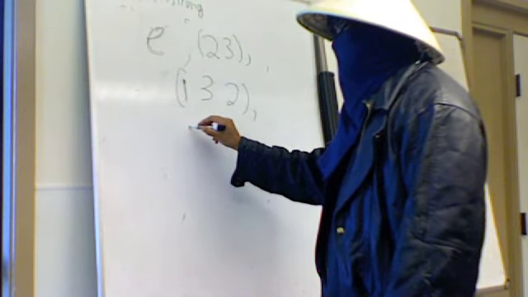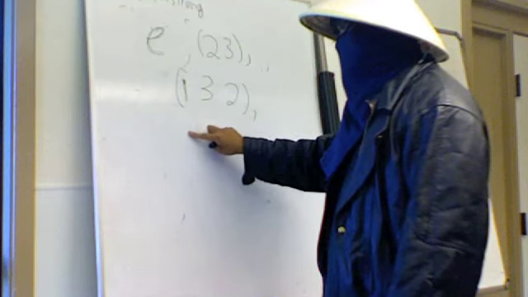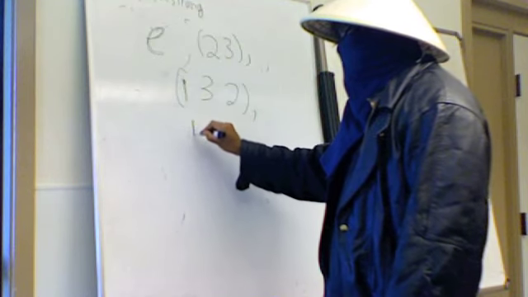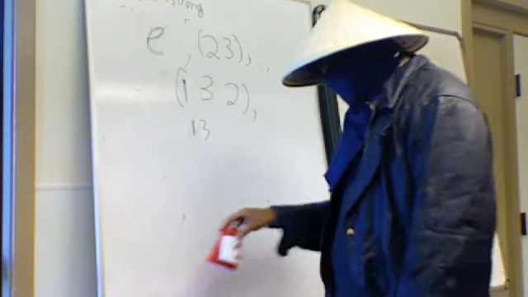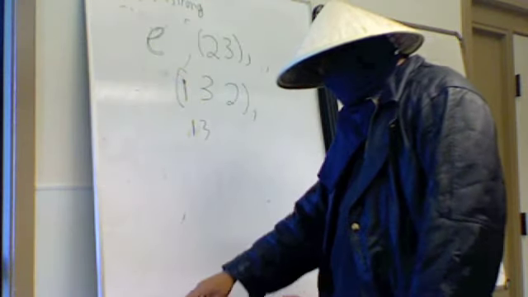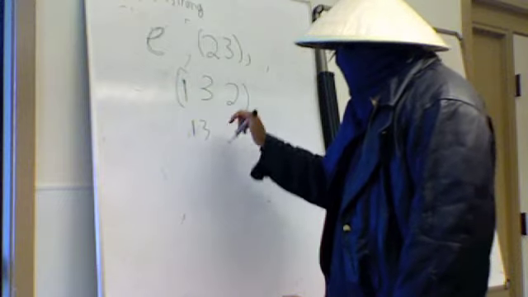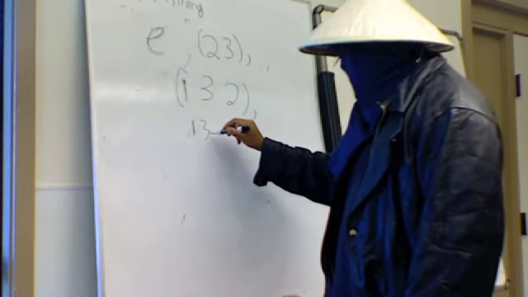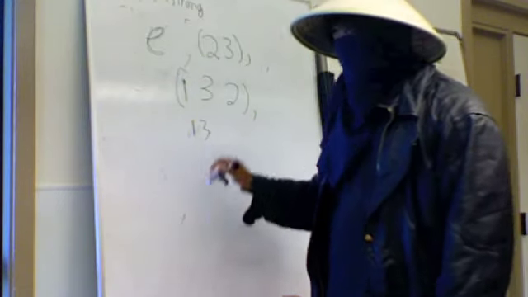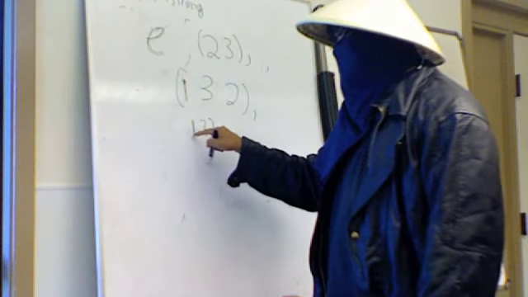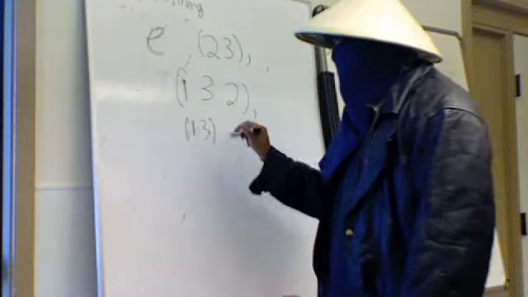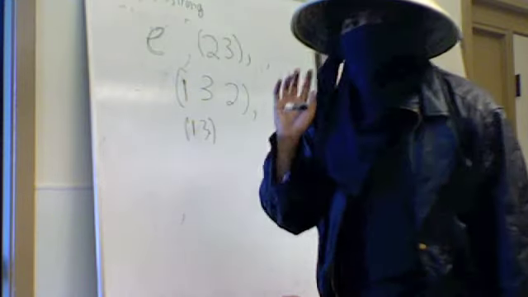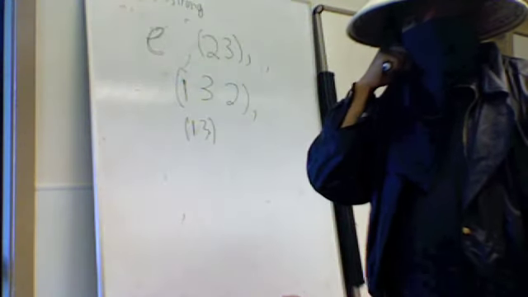For example, if this is another element, let's say 3, so 1 goes to 3. Then we look at where 3 has gone. 3 has gone back to 1. Because it goes back to 1, we close the cycle. And 2 is still at 2, so we don't put 2. We don't include 1 cycles.